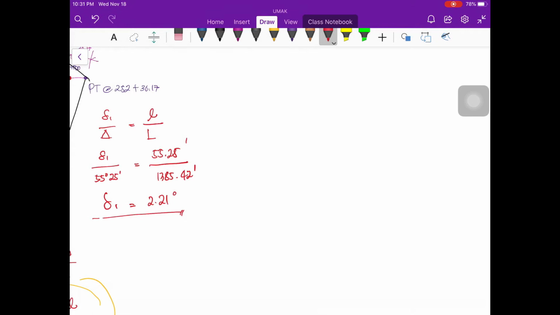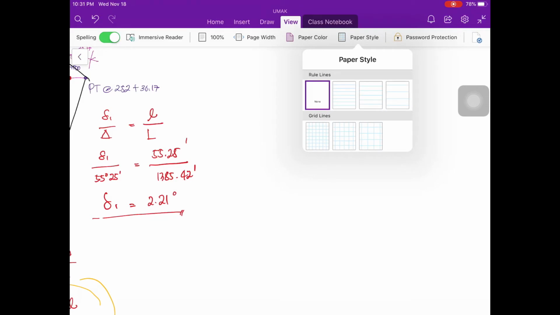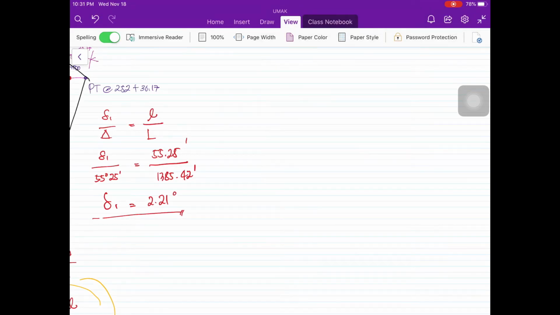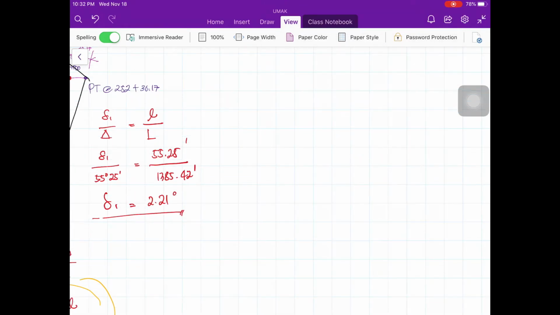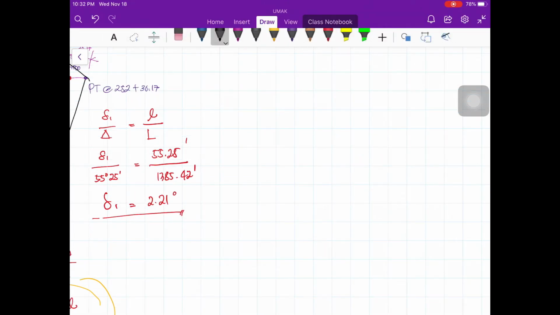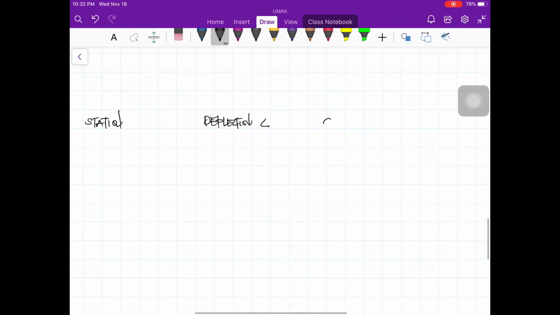So we have the station. Let's view this paper, let's try a larger one. Let's draw. If you have the station, you have the deflection angle, and you have the chord length.